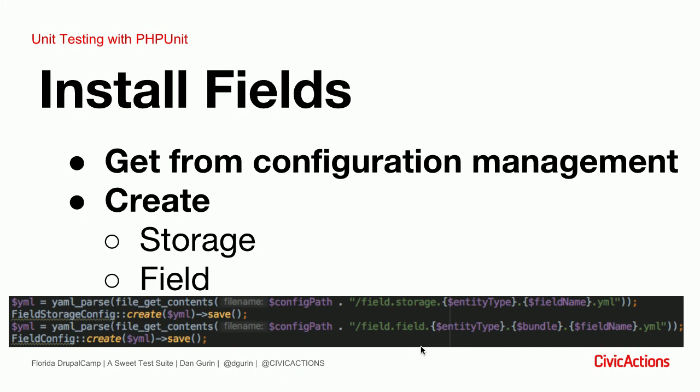It's a nice little pattern here. Basically just parse the config file and create the field storage and save it, and do a similar thing to create the field itself.